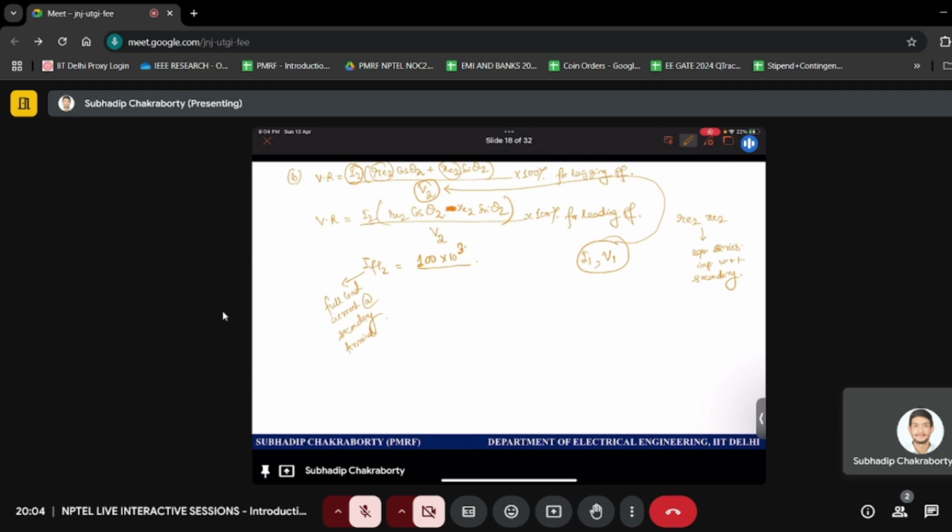So what is the full load current at secondary terminal? It is just 2200 multiplied by 80 by 400, right? That is the voltage at the secondary and this is the current at the secondary.